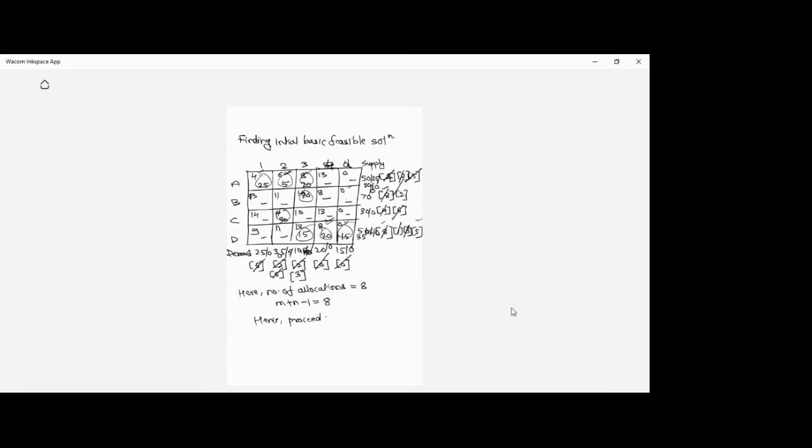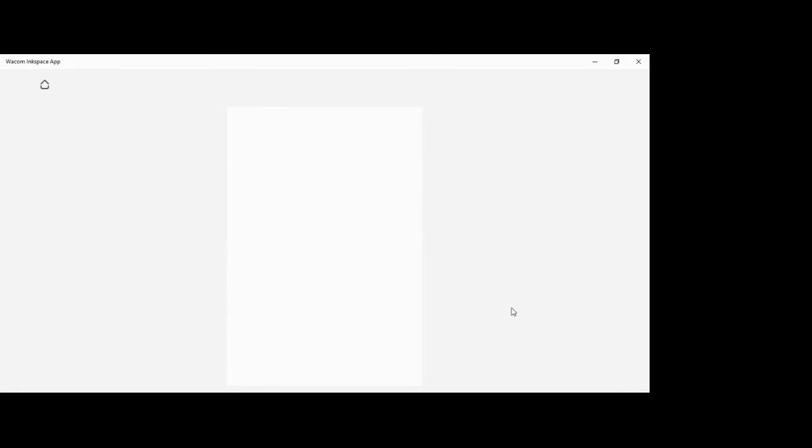So I'll be redrawing this for the optimality check. Just a second. Redrawing the VAM solution.